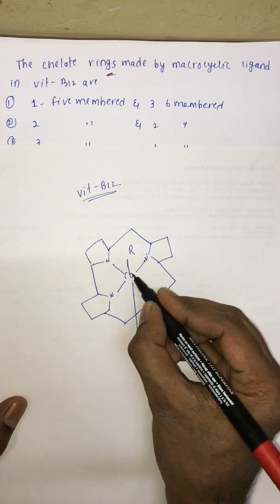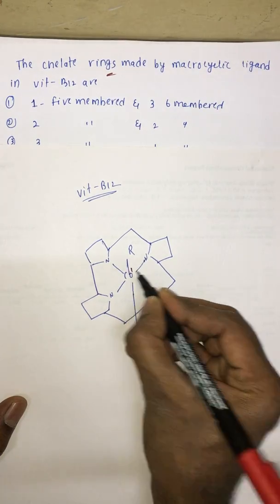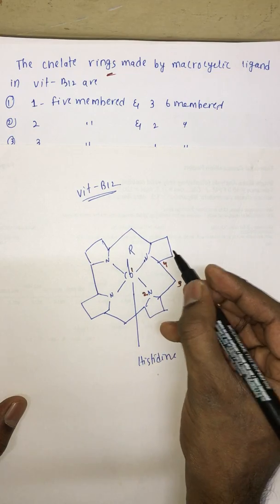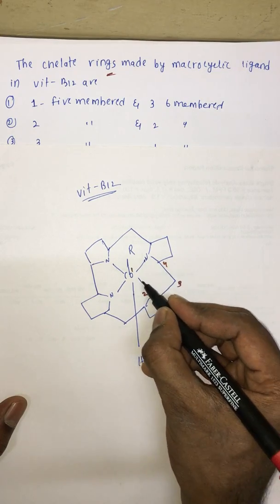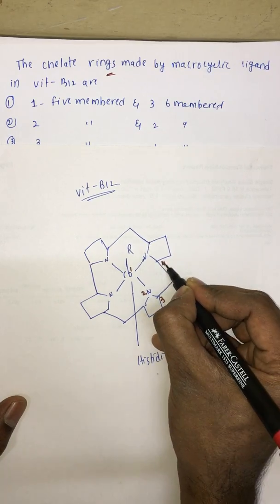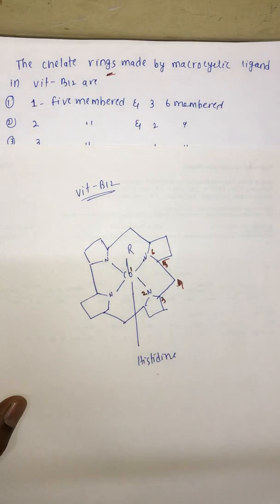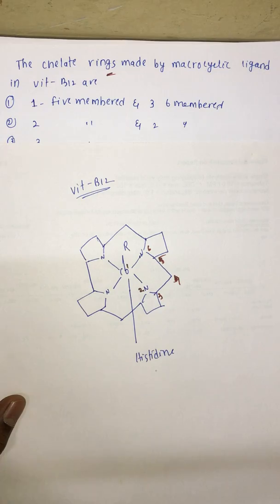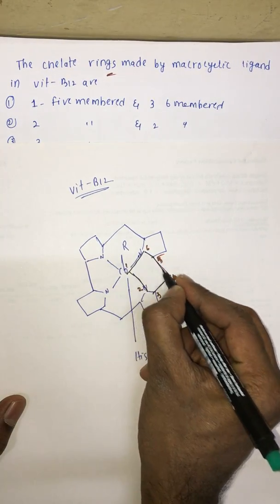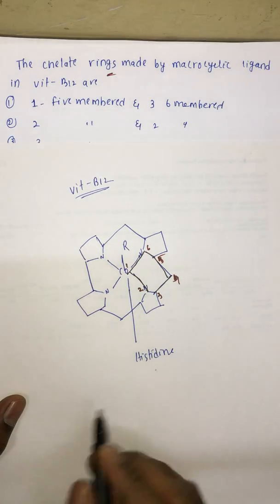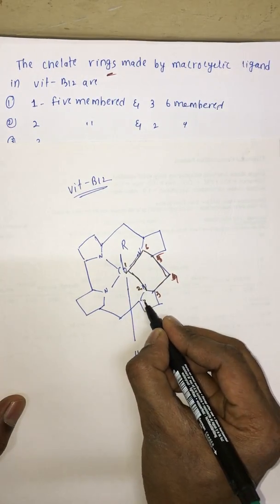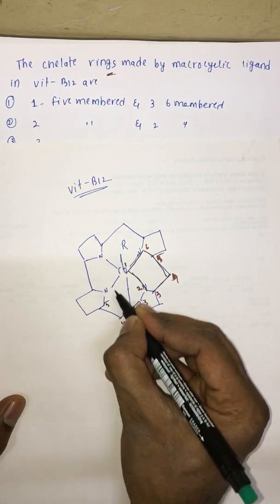Just take this one as 1, 2, 3, 4, 5, 6. Here we can see one 6-member ring. Similarly we can count this also: 1 2 3 4 5 6.